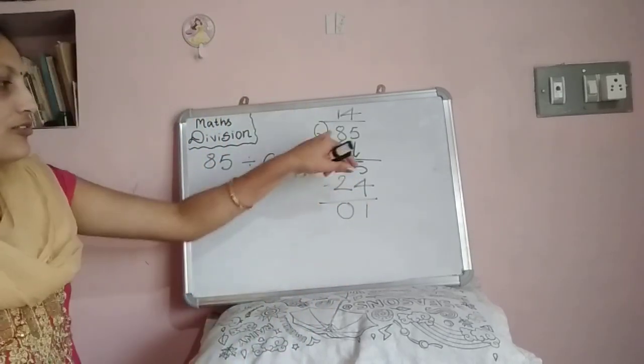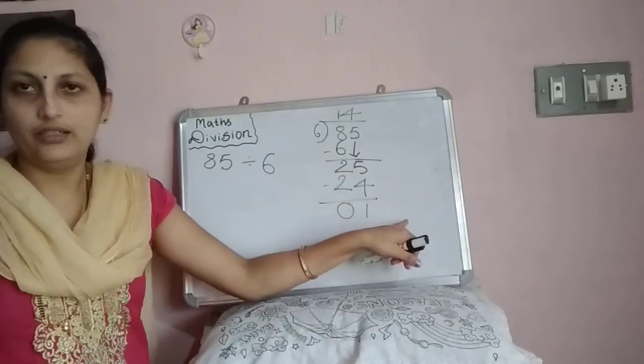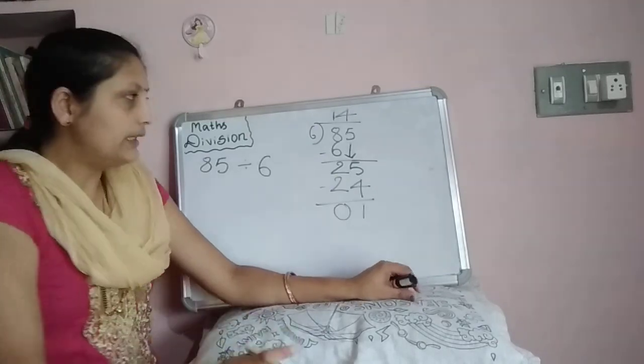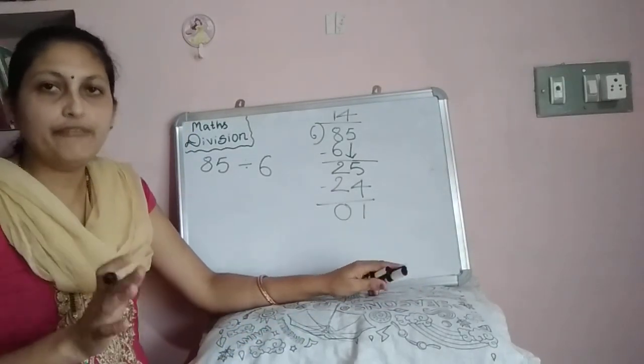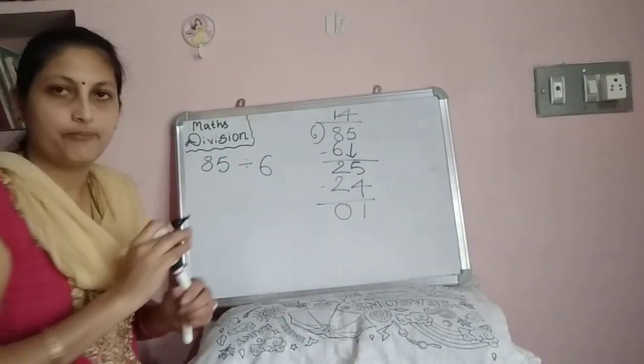So see here, the quotient is 14 and the remainder is 1. After dividing this number equally, you will get 1 as the remainder. It means one object will be left over after dividing this number among 6. Clear?